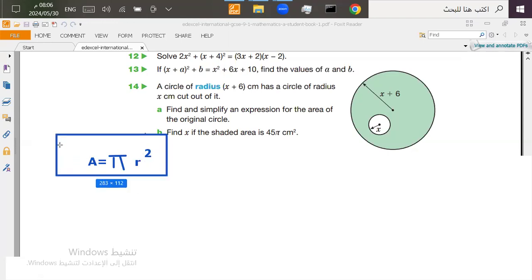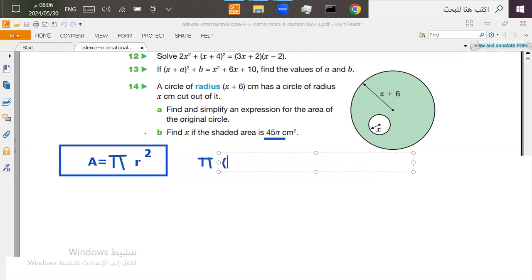Now after writing the formula I'm gonna use the information that I have here. I know that pi is 3.14, but the answer is given in terms of pi, so no need to put 3.14. I just use it as it is. Now this one is x plus 6, which is the r, so it will be squared. The area will be pi times x plus 6, all squared.